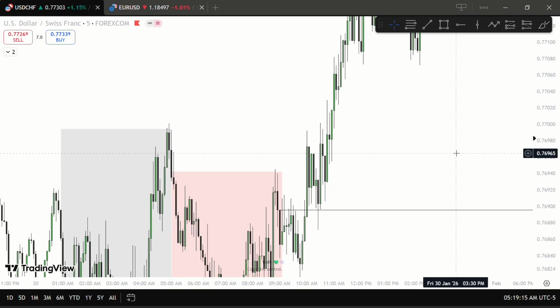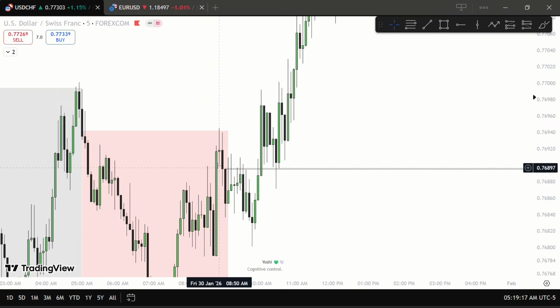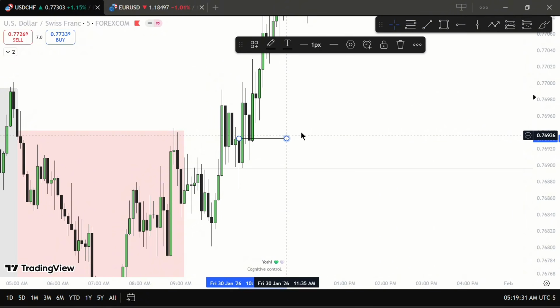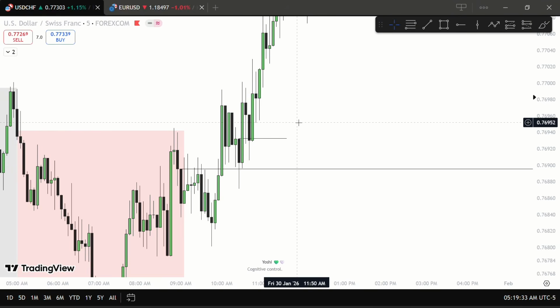Now, for some reason, if you were not in the chart and you missed this entry, price broke this high but did not close above it. That's fine. Then it returned back to this low as our order block. You missed this also.